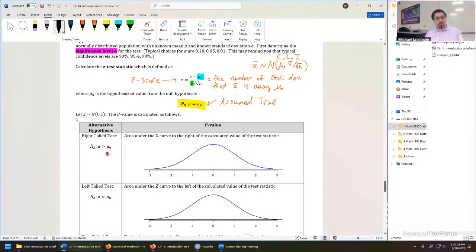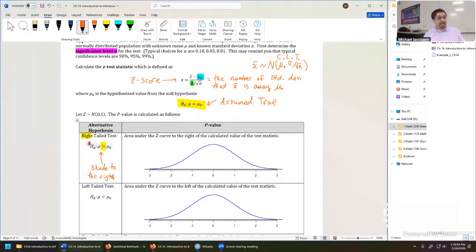So first we're assuming we're doing a right-tailed test. Right-tailed means we have a greater than direction right here. If that's the case, when we calculate our z-score, it can be anywhere on this curve, but the key fact that we'll use is we'll shade to the right.